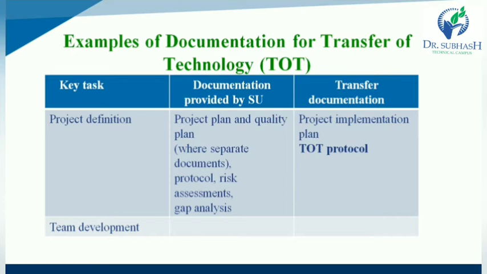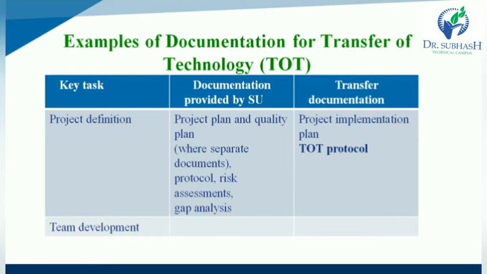So the first key task is project definition, and various documentation provided by sending unit are listed: project plan and quality plan, both separate documents, as well as protocol, risk assessment and gap analysis.